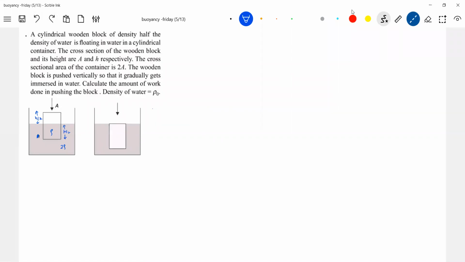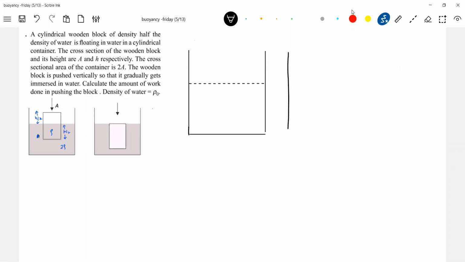It's purely diagram based. We have to fight with the diagram. Through the diagram only things will be easier. So the initial level of liquid. Meanwhile, I'll draw the diagram. You also think about it.